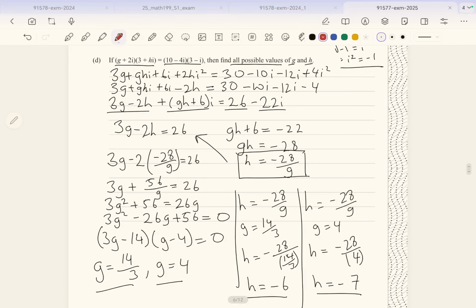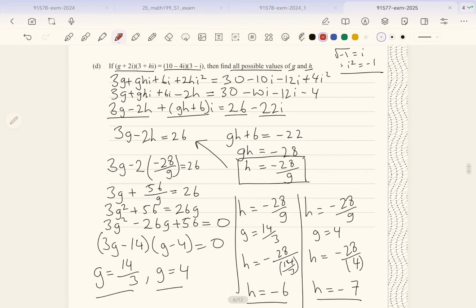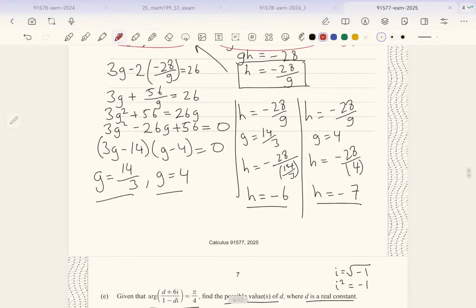For this next question, getting down to this line and this line will be your achieved tick, and getting these expressions for G and H will be your merit tick.